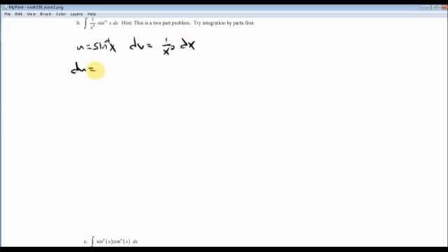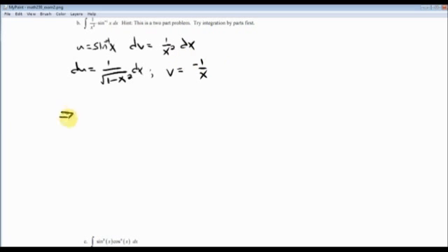So now du is 1 over the square root of 1 minus x squared, dx. And v is going to be negative 1 over x. Nope, sorry, no dx there. That way it works. Alright.